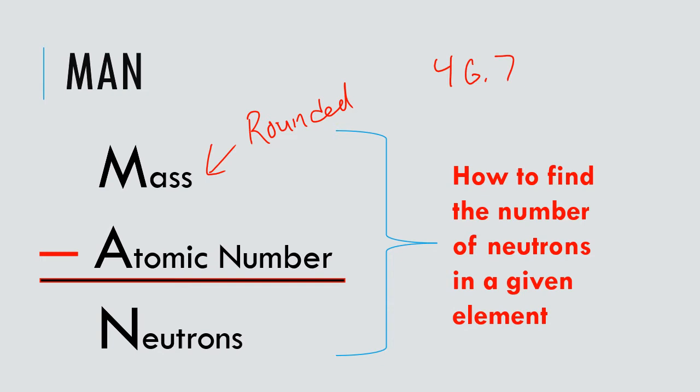When I put in my mass number, I'll round that to the nearest whole number, and it'll be 47. Minus the atomic number, which is always a whole number, because it represents the protons, and those protons determine what element it is. So that doesn't change, and that will give me my neutrons.